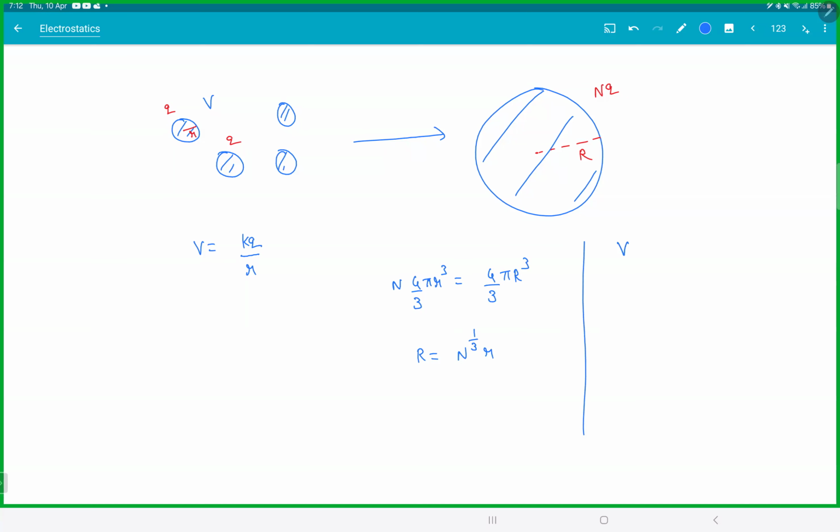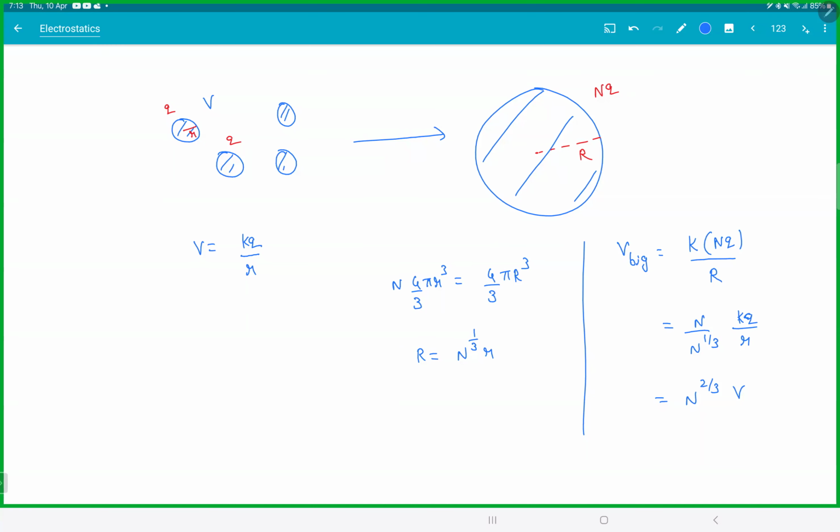So what is the potential of the big drop? k, the total charge nq, by the radius capital R. This guy would be n by n to the power of 1 by 3 times kq by small r, n to the power of 2 by 3 into V. That's your answer, everyone. So charge becomes n times and radius becomes n to the power 1 by 3. So you have to conserve volume and you have to conserve charge.